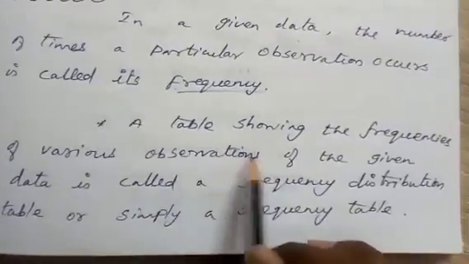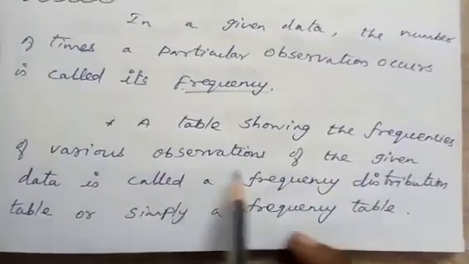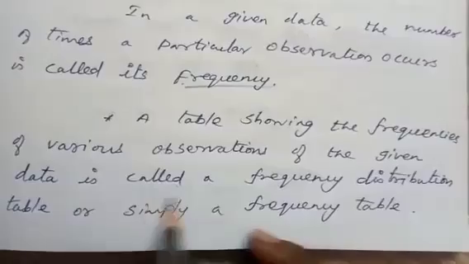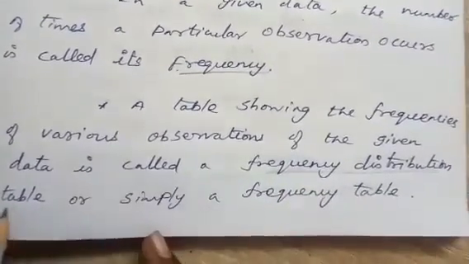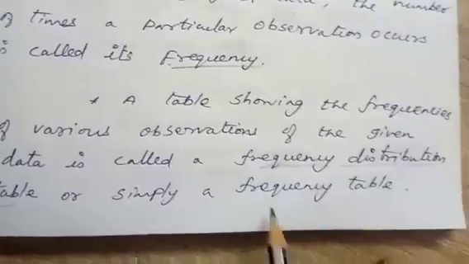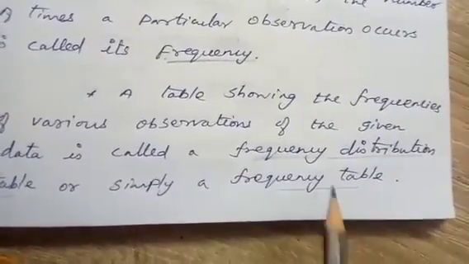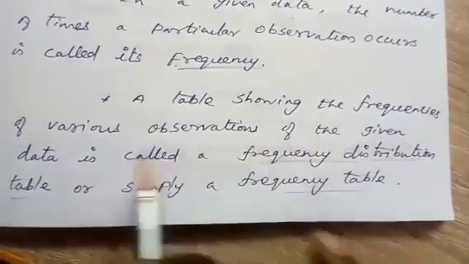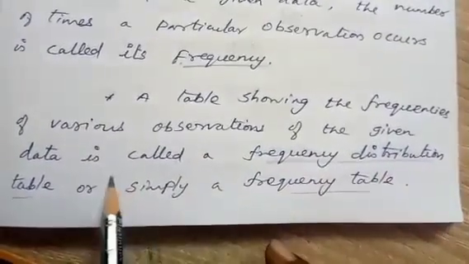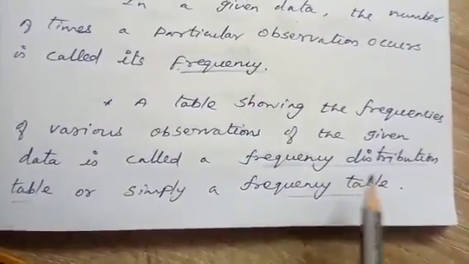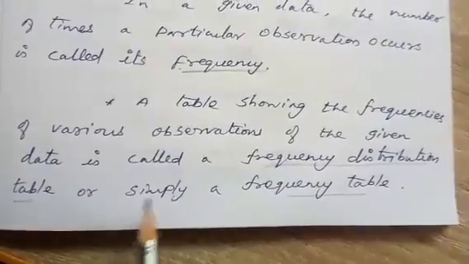A table showing the frequencies of various observations of the given data is called a frequency distribution table, or simply a frequency table.